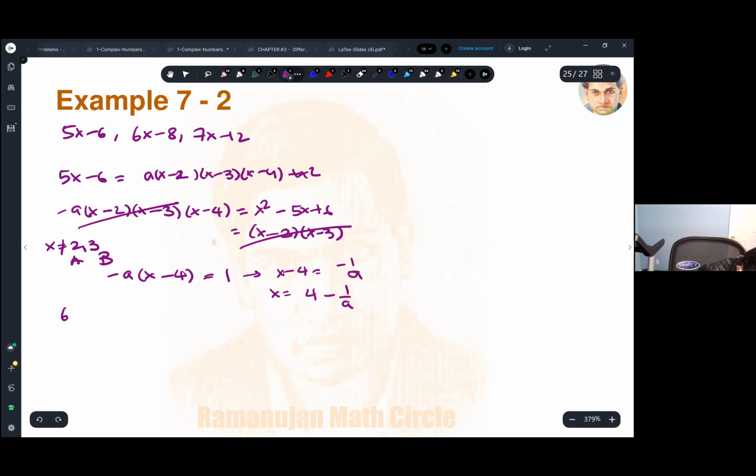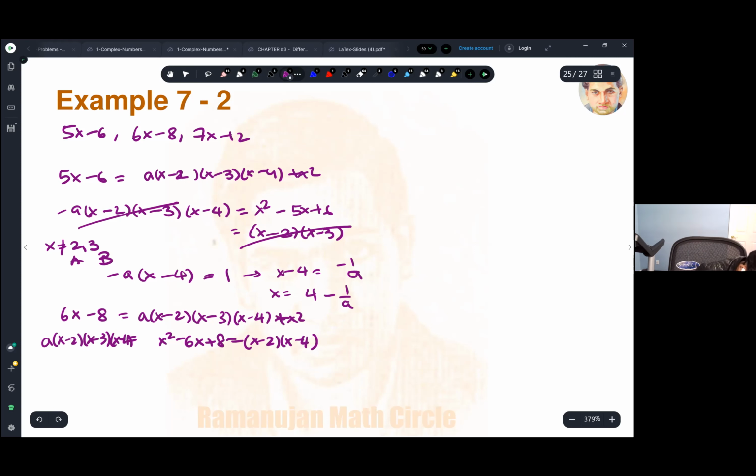And in a similar process, 6x minus 8 is equal to a times x minus 2, x minus 3, x minus 4, plus x squared. So x squared minus 6x plus 8 is equal to a times x minus 2, x minus 3, x minus 4. Well, this is just equal to x minus 2 times x minus 4.